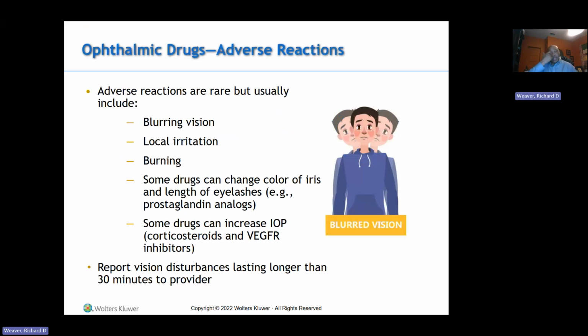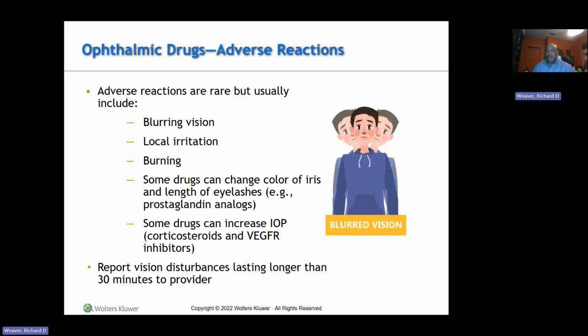As far as adverse reactions, the adverse reactions for these drugs are rare. These drugs can cause visual impairments such as blurring of the vision, and also local irritation and burning.